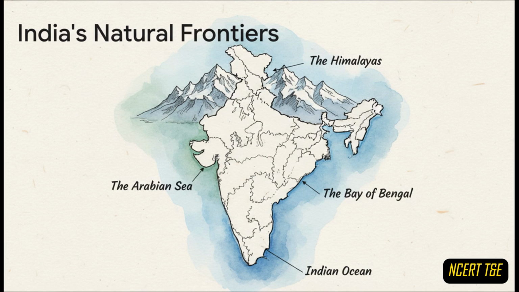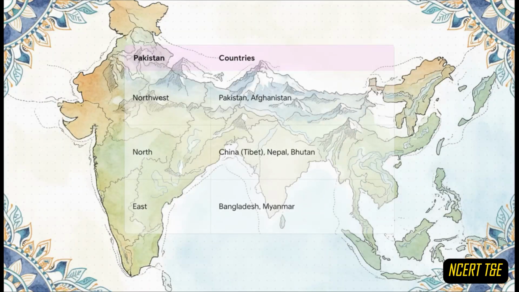You've got the towering Himalayas in the north, and then it's surrounded by massive bodies of water on the other three sides: the Arabian Sea, the Bay of Bengal, and the Indian Ocean. And beyond those natural barriers, India shares land borders with 7 different countries. So up in the northwest, you've got Pakistan and Afghanistan. Along that huge Himalayan range to the north, there's China, Nepal, and Bhutan. And then over to the east, you have Bangladesh and Myanmar.